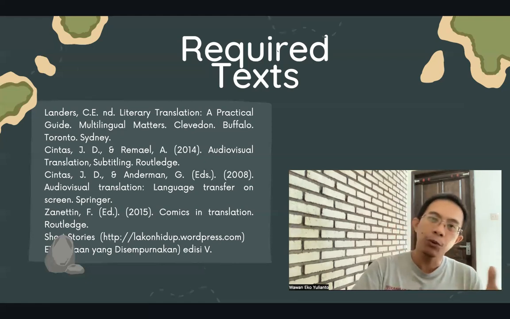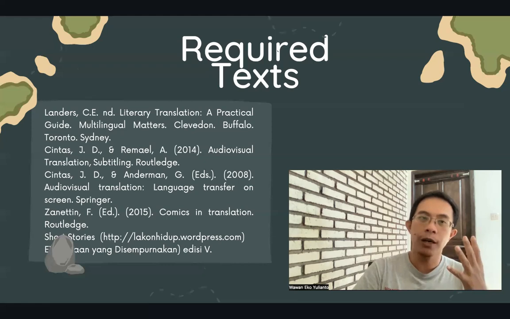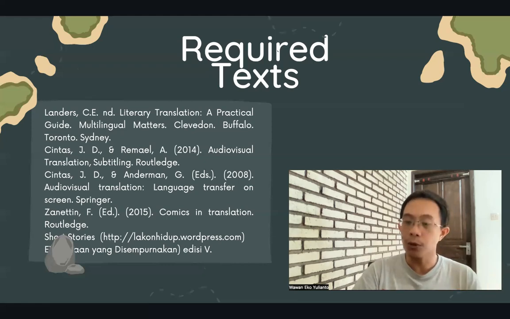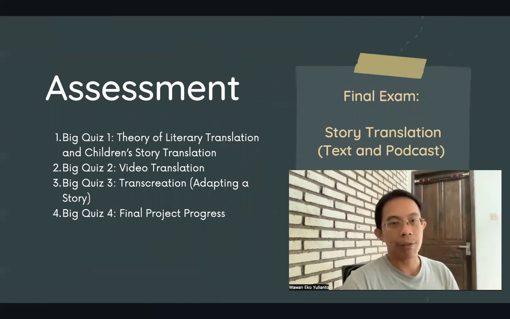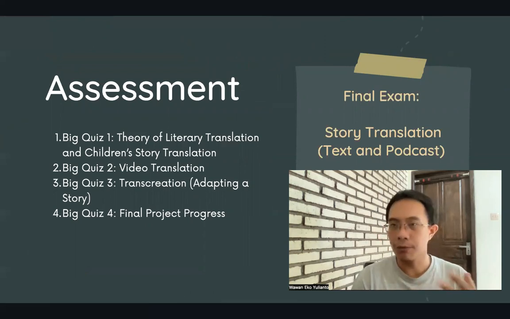And then to measure whether you are successful in achieving the goals, we have assessments. These are what you will be doing throughout the semester. There are 4 big quizzes that we have, starting from the theory of literary translation and applying the theory in translating a children's story.